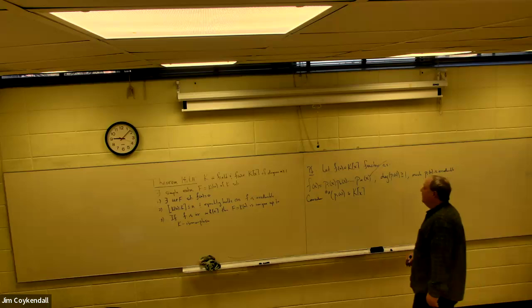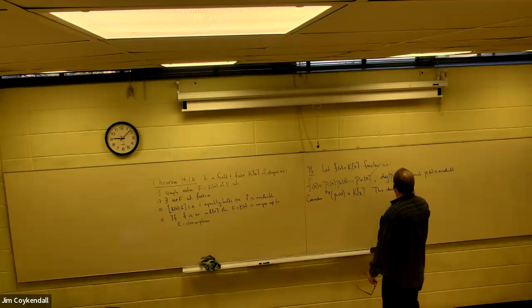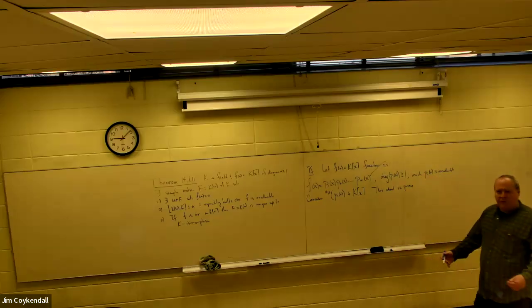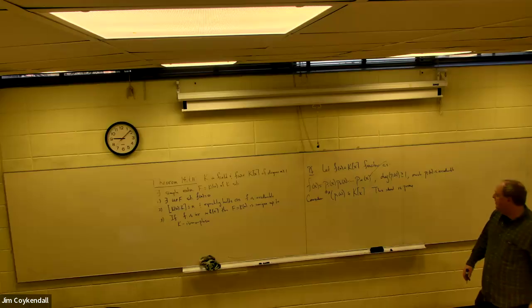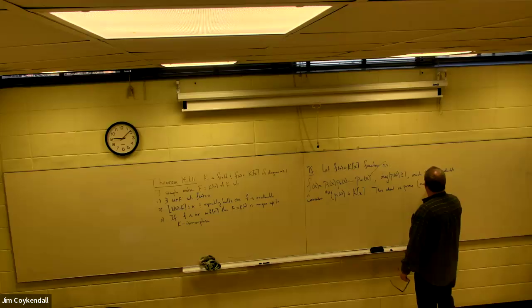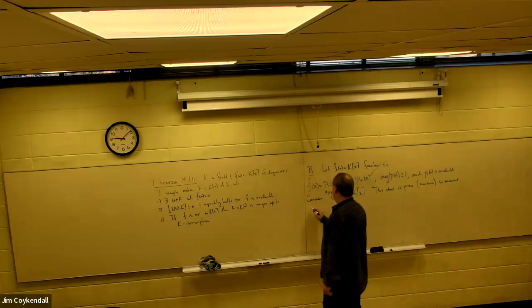Yes, actually that's right. So I would start there. This ideal is prime because pi is an irreducible element, and since k[x] is a PID, it's a UFD. So any irreducible is prime, and it's a non-zero prime. So maximal, as k[x] is a PID.